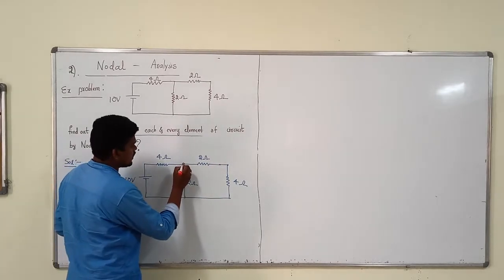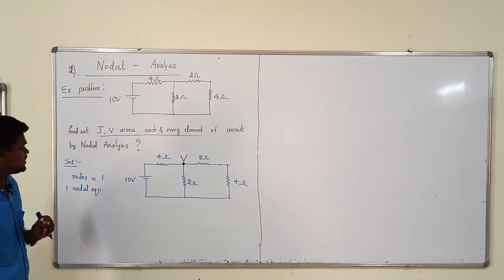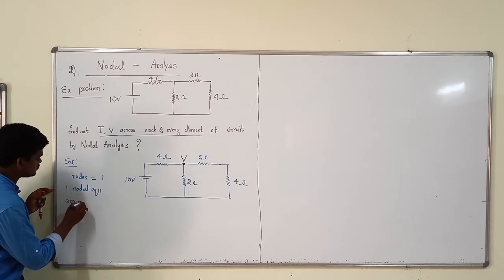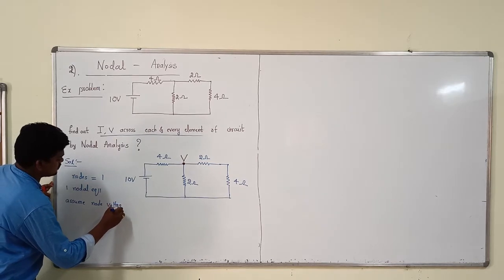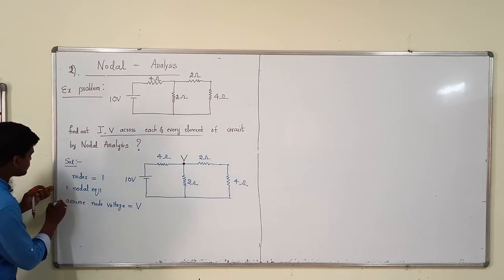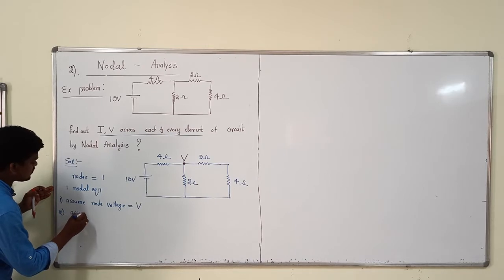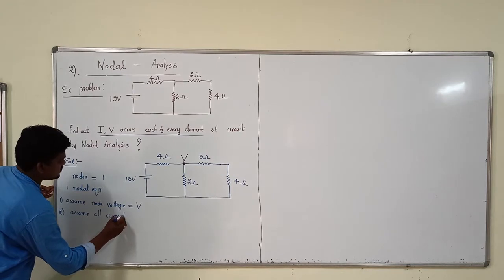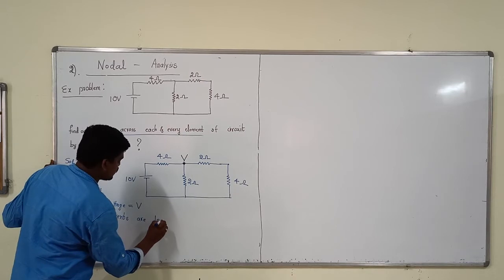Assume that at the node we have voltage V. First assumption, node voltage V. And second assumption, assume all currents are leaving from the node. These are the assumptions only.